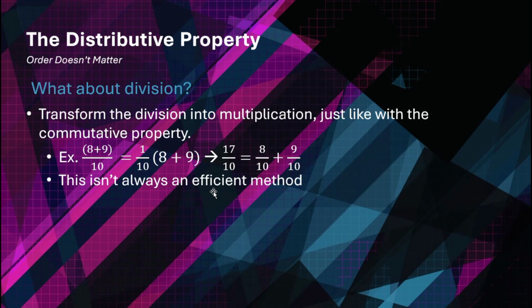It's just a different way, again remembering that you can always have a fraction be a coefficient to either a variable or a term or a set of parentheses. That's totally allowed. Just keep in mind that this is not always an efficient method to solve the problem. So don't get super locked in on thinking you have to do it this way, because that isn't necessarily going to be true, and there may be a simpler way to approach that particular problem.